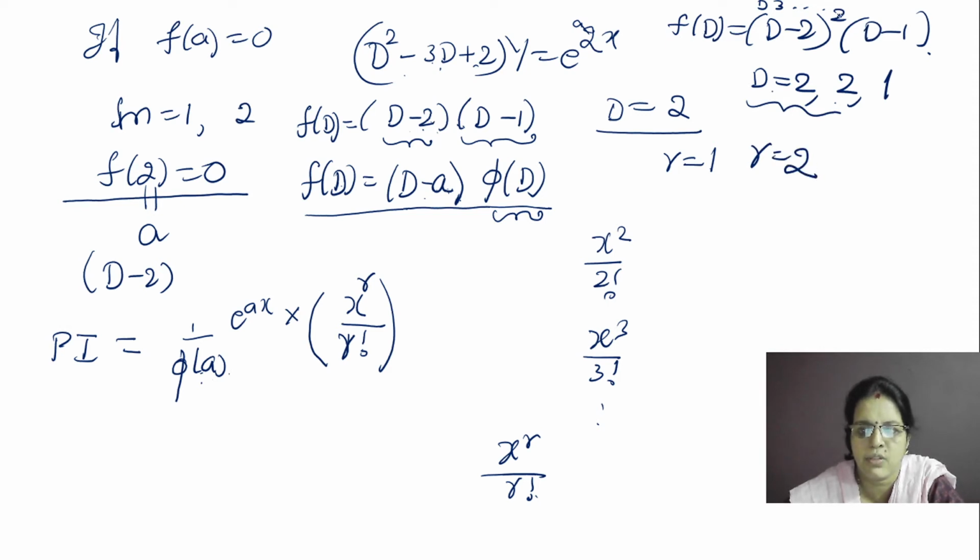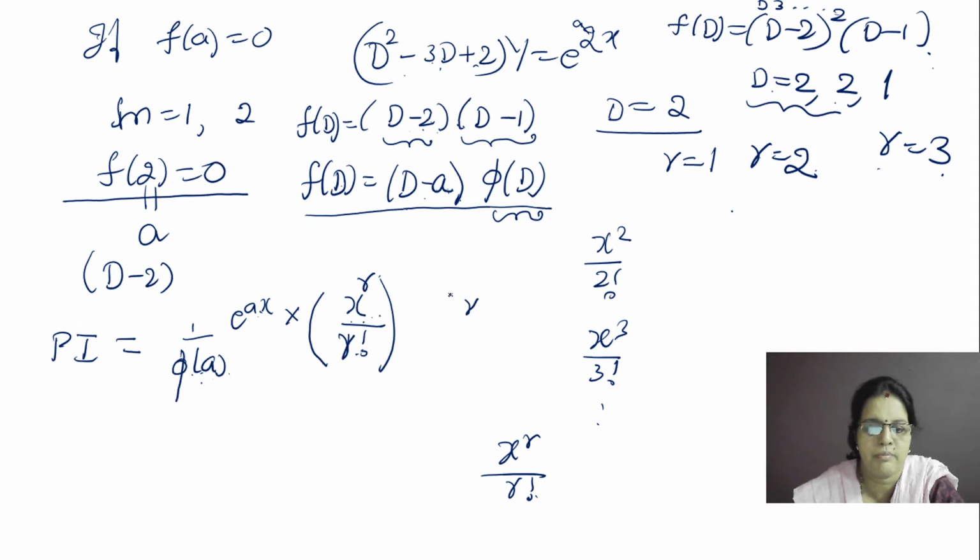Similarly, if it is a cube, 2 repeats 3 times, so we take r equal to 3. In the same way, if it repeats r times, after substituting d equal to a in phi of d into e power ax, you have to multiply by a factor x power r by r factorial, where r is the number of times that root repeats.